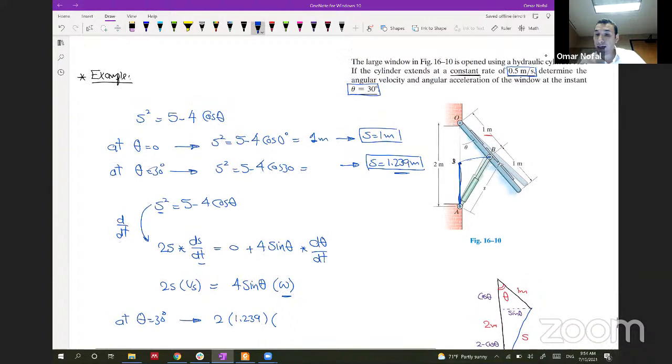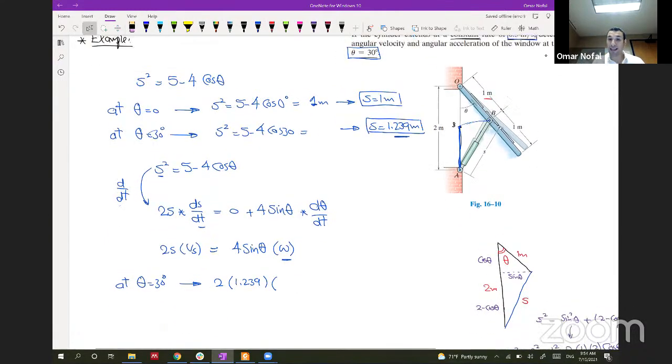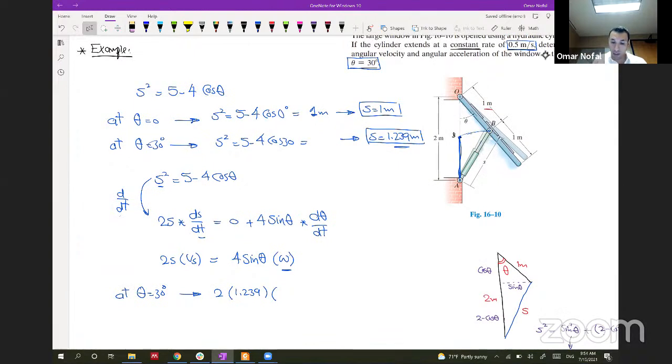The vs has a constant rate, 0.5 meter per second when theta is equal to 30, so we will have 0.5, and this should be equal to 4 sine 30 multiplied by omega. So we can get omega from this equation, and this should be equal to 0.6195 radian per second. So we got the first requirement.